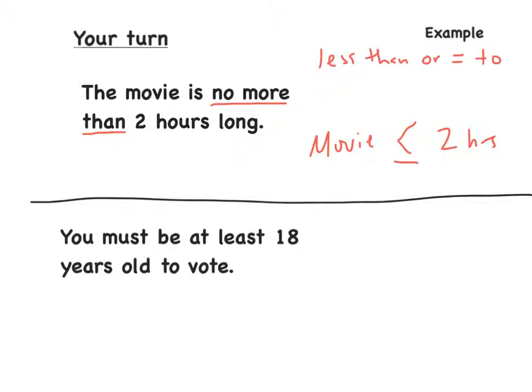The second one: you must be at least 18 years old to vote. So think about that. What does that mean? It means you must be greater than or equal to.